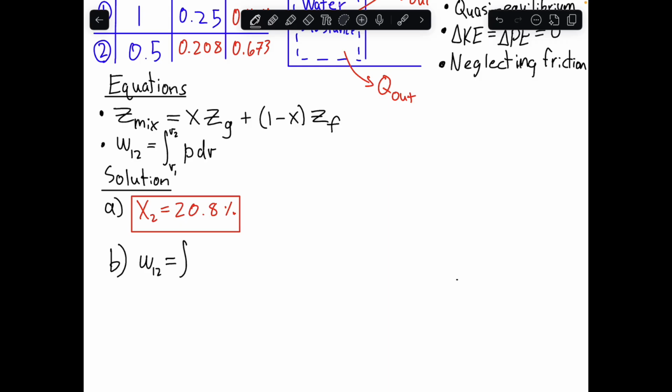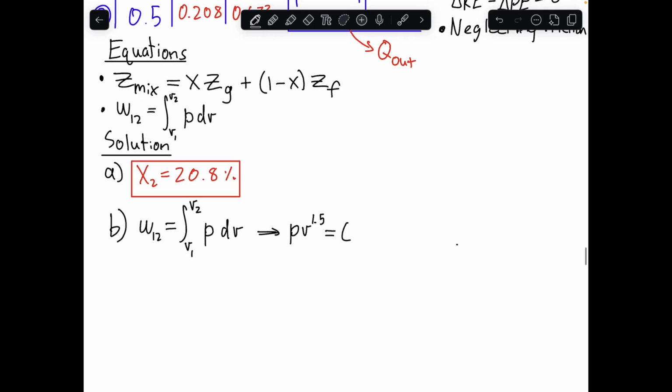Again, that's going to be equal to the integral from V1 to V2 of pressure with respect to specific volume. And remember, we want to rearrange this PV equation. So PV to the 1.5 is equal to a constant. I'm just going to call that constant C here because it'll make our algebra a bit easier. So to rearrange this, we can just say pressure is equal to that constant C divided by specific volume to the 1.5.